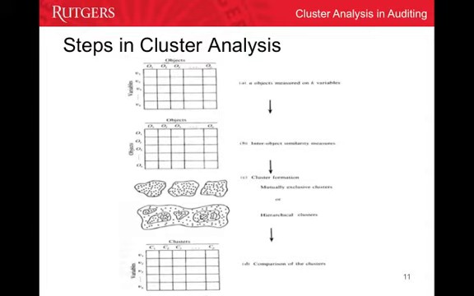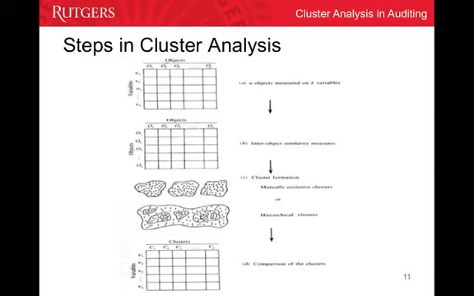After that, some algorithm is employed to group the observations into subgroups based on their similarities. Then clusters are formed. The goal is to create clusters which have small within-cluster variation but large between-cluster variation. And finally, clusters are compiled.